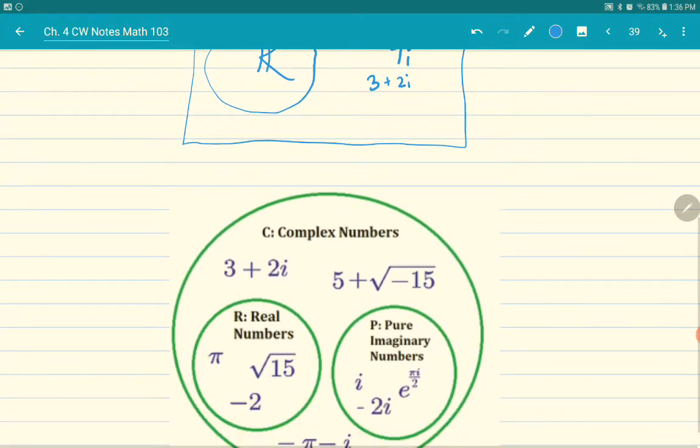So the complex set of numbers is the larger set. It has real parts. It's got an imaginary part and a real part. So the real numbers are part of that because the number in front of the i can be a 0. And the pure imaginary numbers are also part of that because the real part could be 0. So the complex numbers include the real.